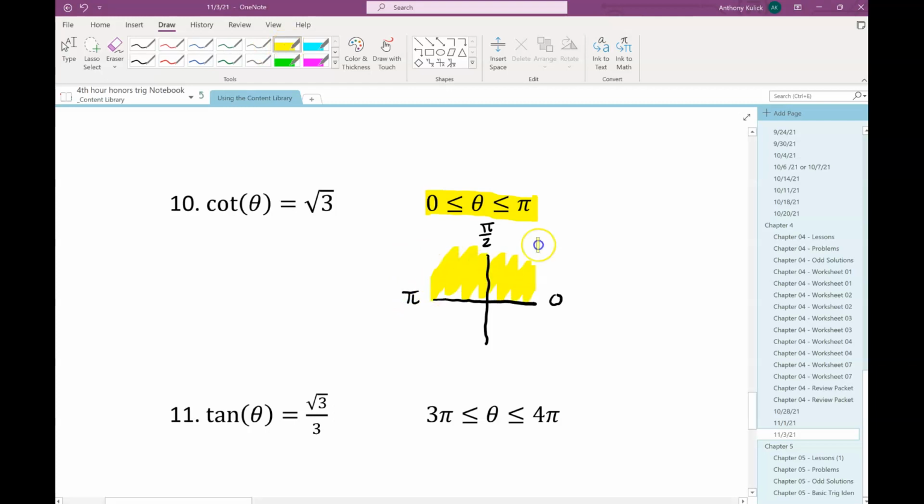So my solution is going to be either in quadrants 1 or 2. Consulting all silly turtles crawl tells me that cotangent is positive in quadrant 1, where everything is positive. So there's my theta.